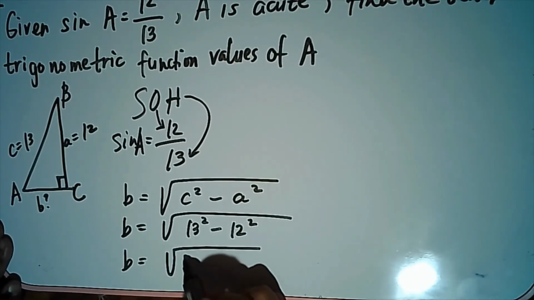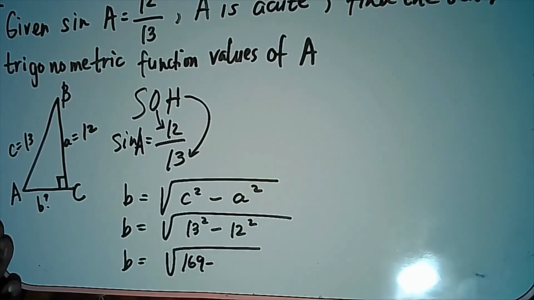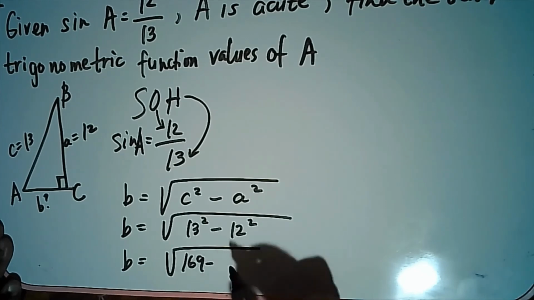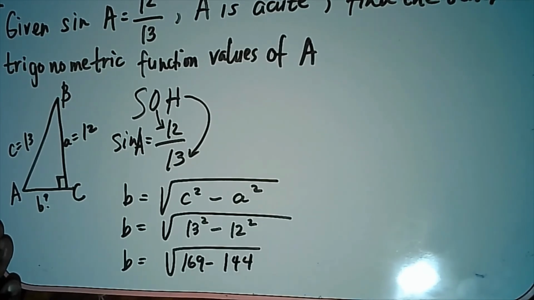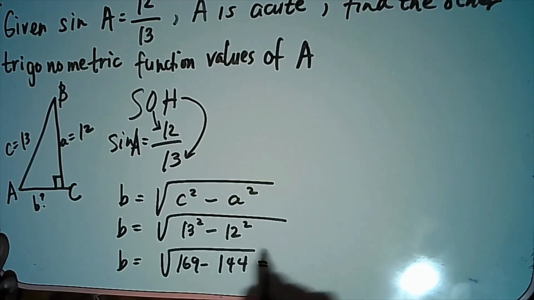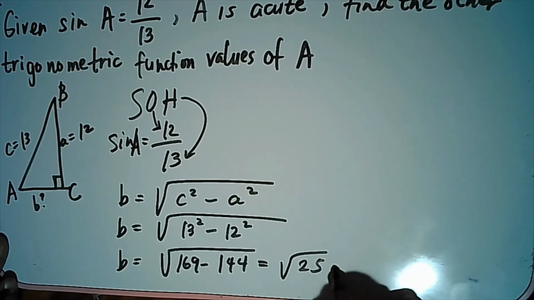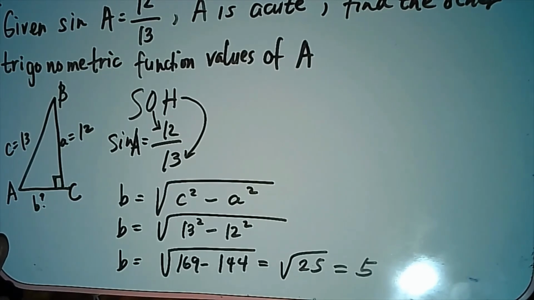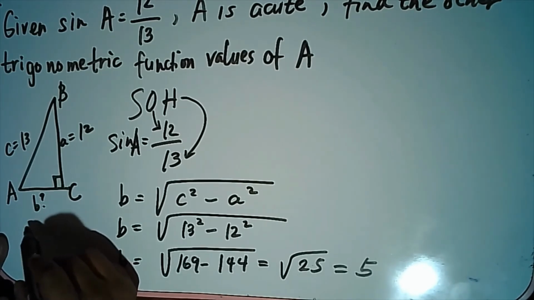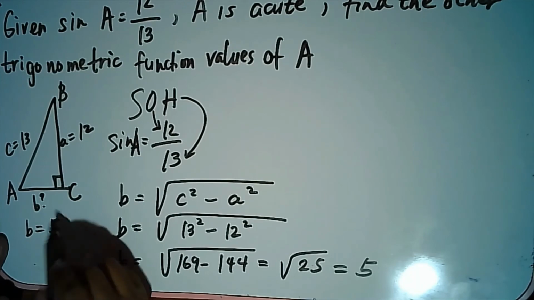So 13 times 13 is 169. 12 times 12 is 144. So 169 minus 144 is equal to 25. Square root of 25 is equal to 5. So b here is equal to 5.